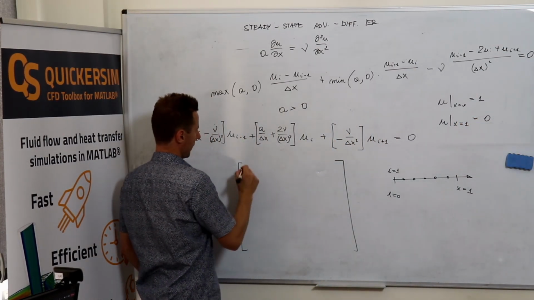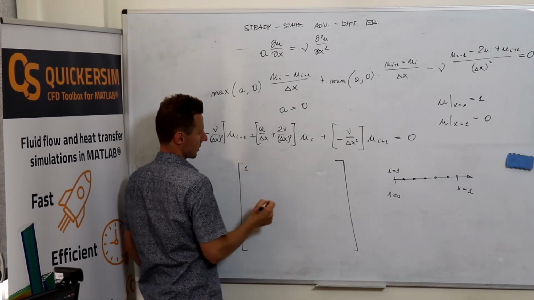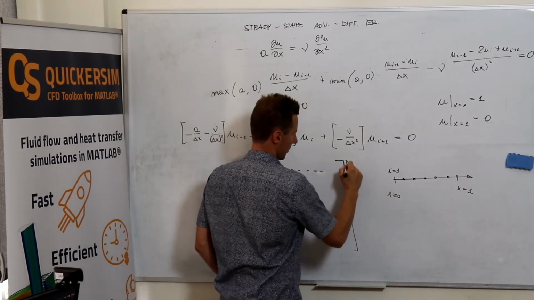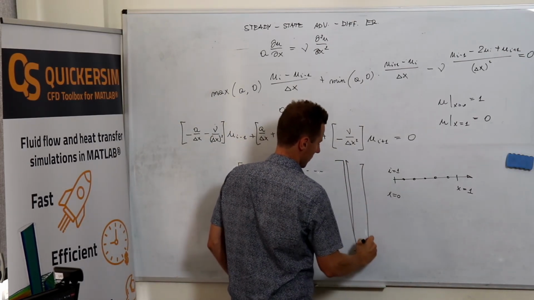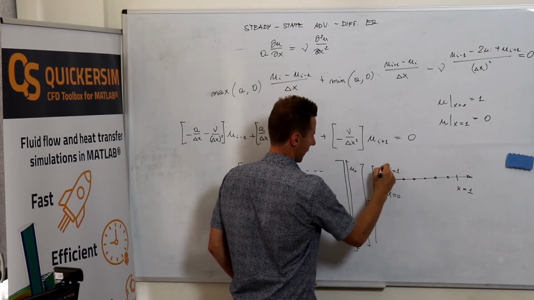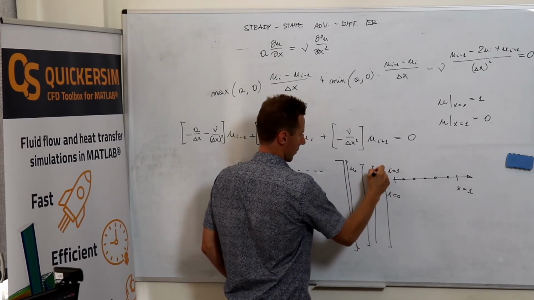Then what we want to write here is 1, 0, 0, 0, u1 equals 1.